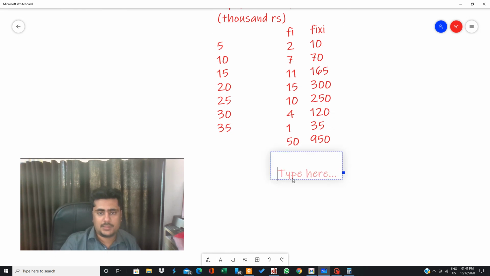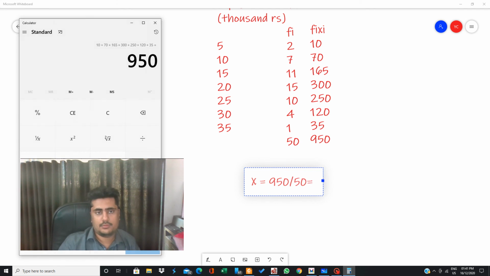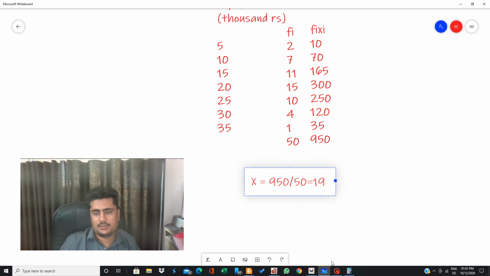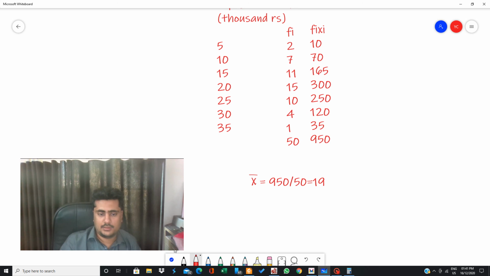With this my x bar will be 950 upon 50. This is 19. Now as x bar is a round digit, 19.